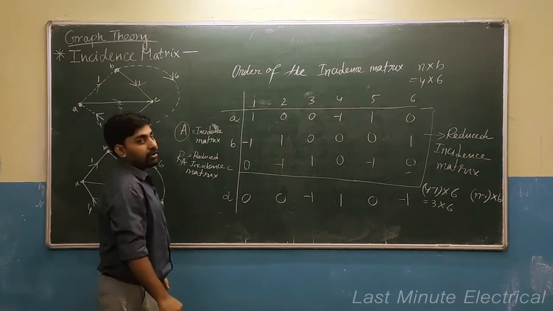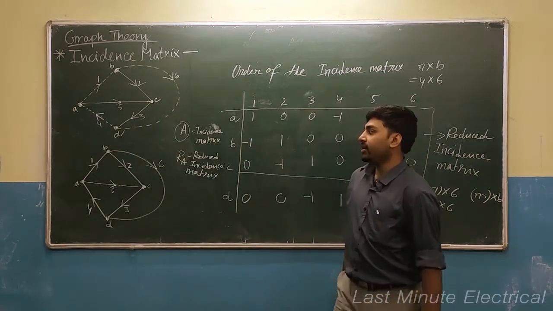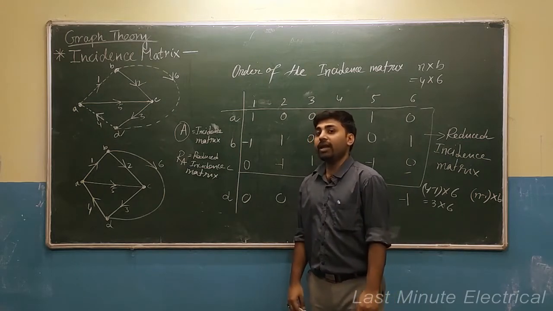Okay. So what I told you, for a complete graph the number of trees is n to the power n minus 2.